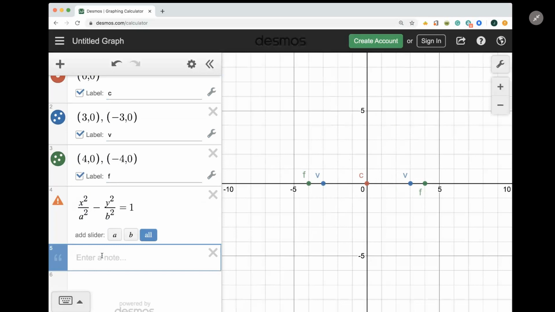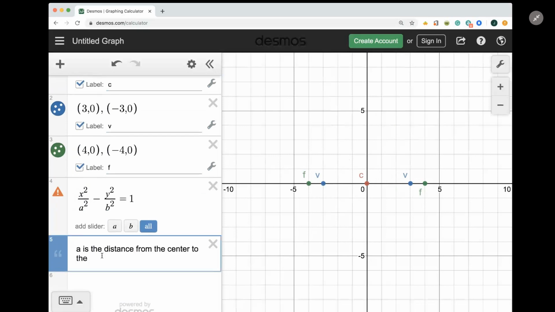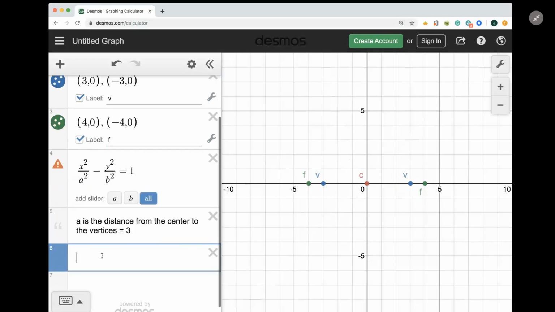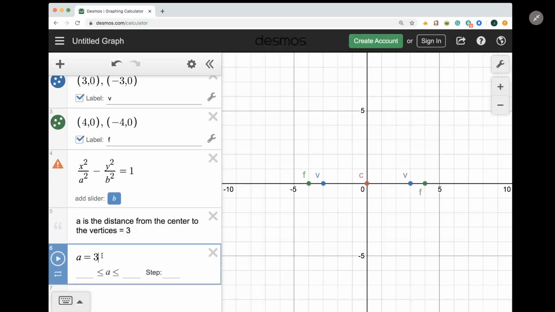So the distance from the center to the vertices is a. A is the distance from the center to each of the vertices, and it is equal to 3. So a equals 3.